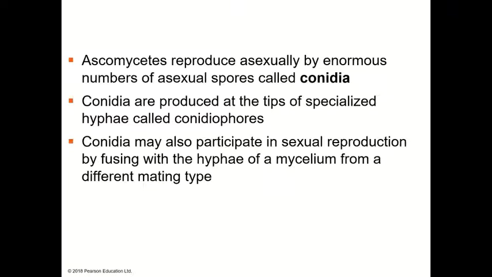These mating types have their own hyphae, negative and positive, and they can do their own asexual reproduction, but when a negative hypha meets a positive hypha, they can unite together, and that's already considered sexual reproduction.